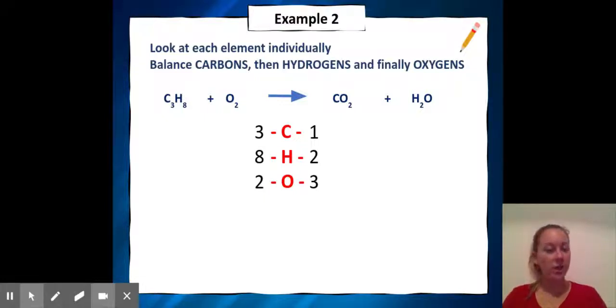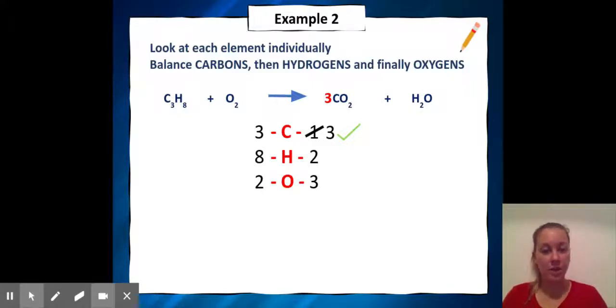So let's start again as we always do it with our carbons. We have 3 on the left and 1 on the right. How do we turn a 1 into a 3? We multiply by 3. So our whole CO2 compound is going to be multiplied by 3. That means that our carbons are now balanced, but we have knocked out our oxygens.